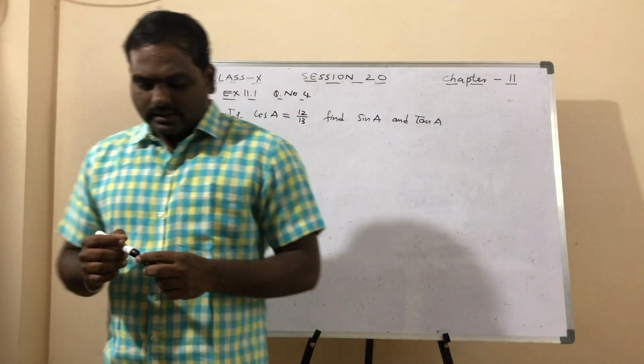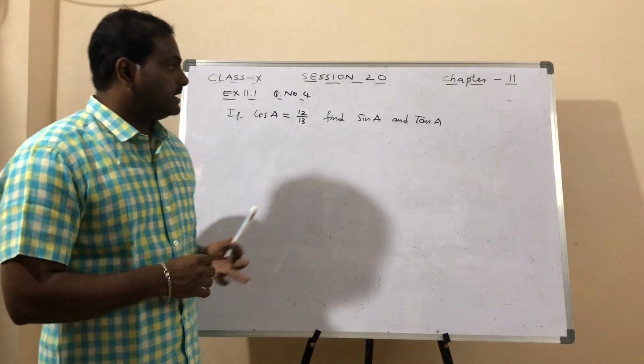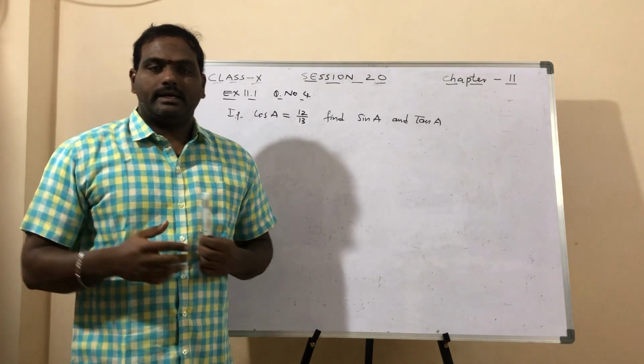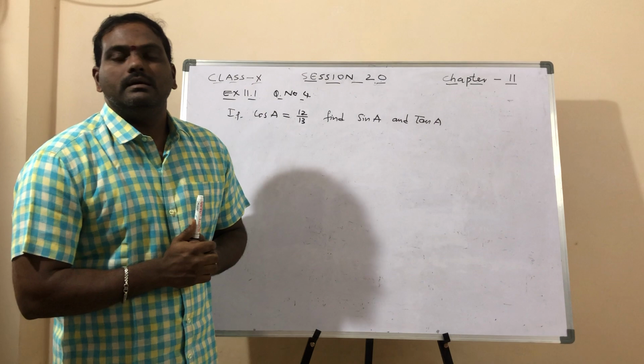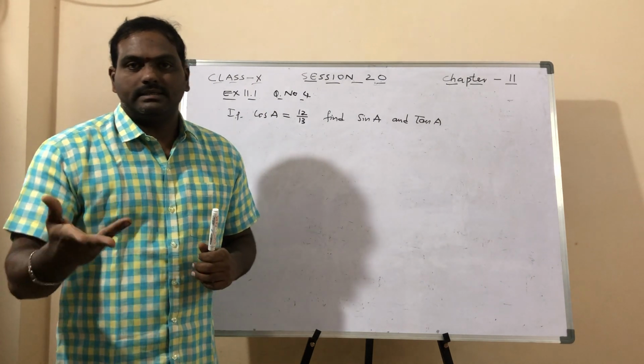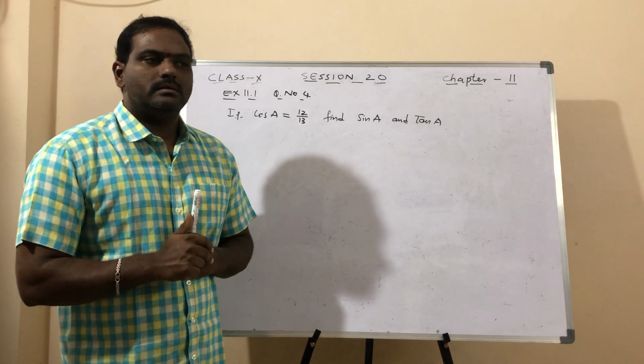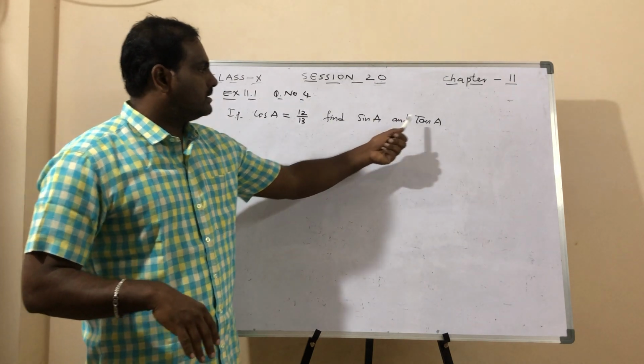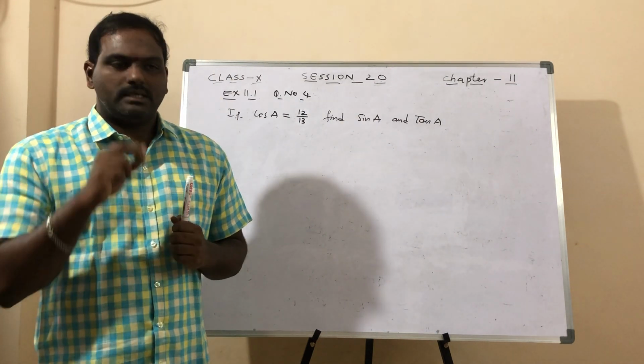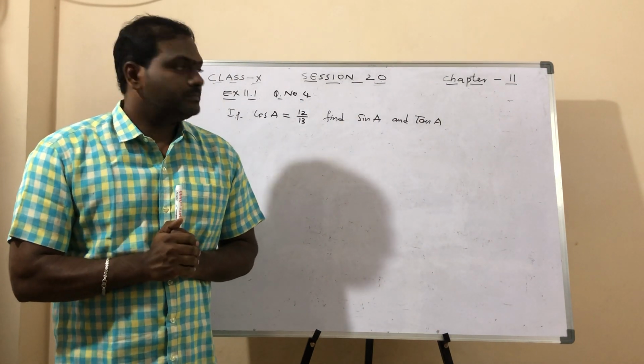In the previous session, the right angle triangle was already given. Then we found the third side by using the Pythagoras theorem, and then we solved the trigonometric ratios we required.